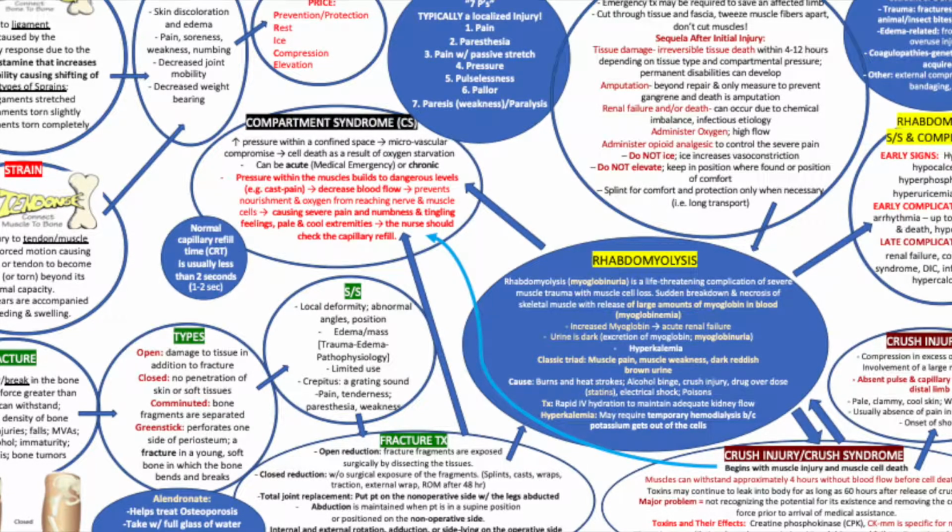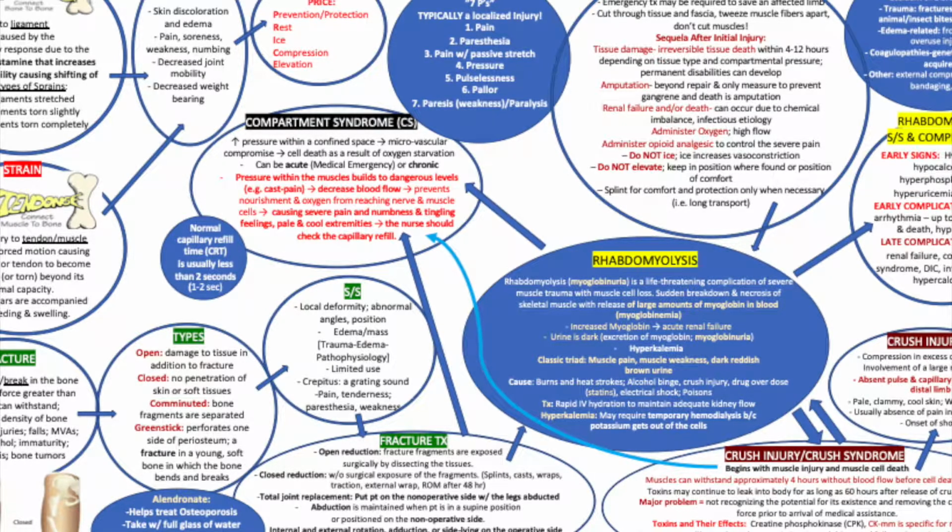The toxin outcomes from a crush injury include creatine phosphokinase and CK-MM, which is specific for muscles, and histamine, causing vasodilation and bronchoconstriction.